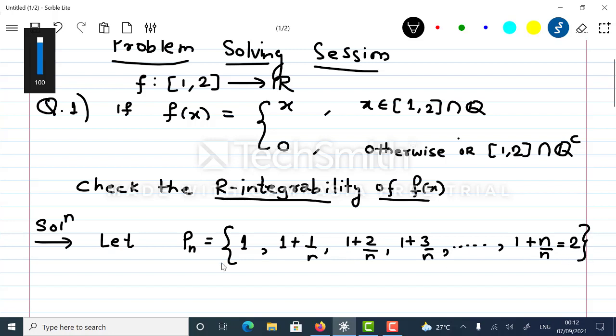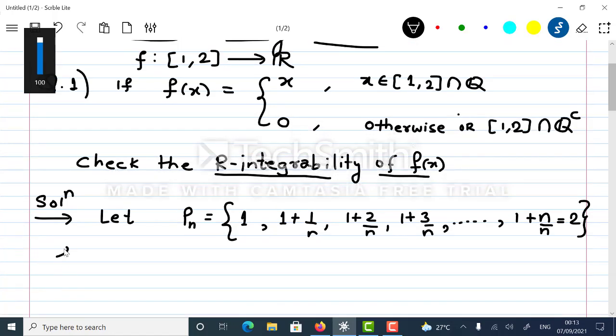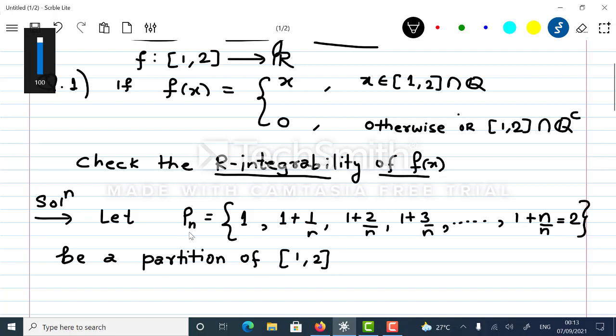So this is a well defined partition because the first point is 1, the last point is 2, and they are all in increasing order. Right. Now just try to understand this function. Many a time we realize that students find it difficult to understand this question itself.